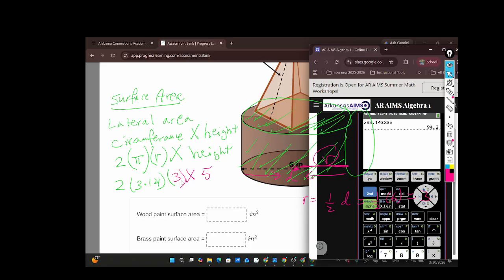So the answer will be 94.2. Remember this answer, 94.2. I will keep it now. I do not need all this, so I will erase it. But remember that what we found is the lateral area.